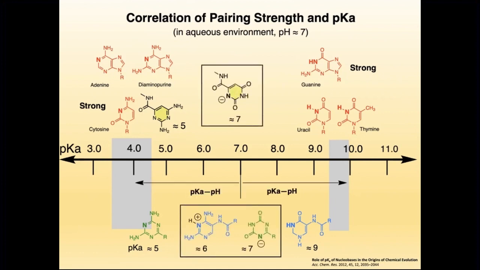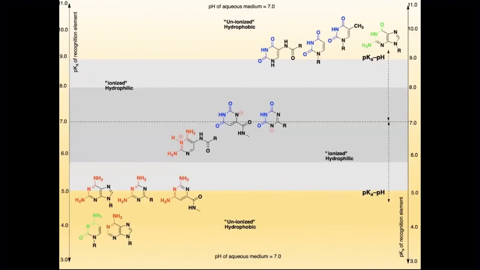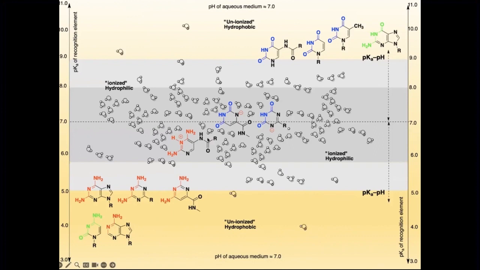And this led us to a realization: water is usually the solvent of life. That is where life occurs. So if you start putting these molecules in water, water begins to interact with them.